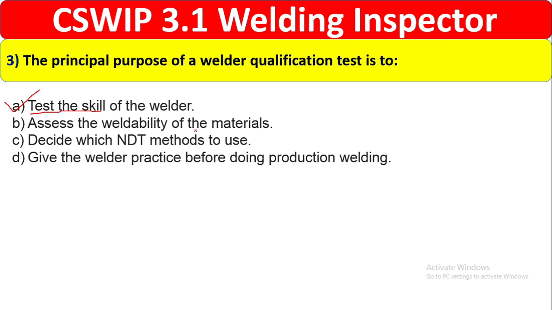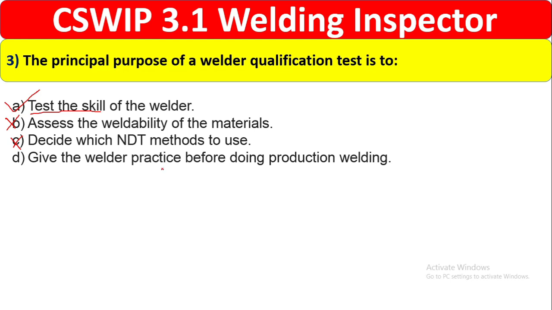Assess the weldability of the material? Never. We cannot see weldability in the welder qualification; weldability you can see in the production weld. Decide which NDT methods to use? No. The welder qualification test is used for welding, not for NDT.